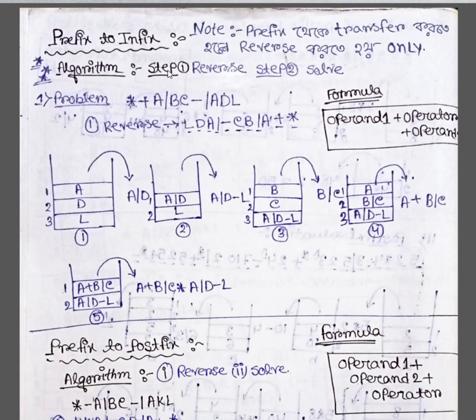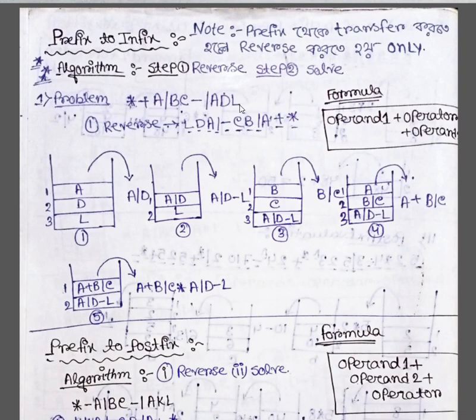So the first step of the algorithm is to reverse the whole expression. This is our given infix expression, so we have to reverse the whole expression and start writing from here.